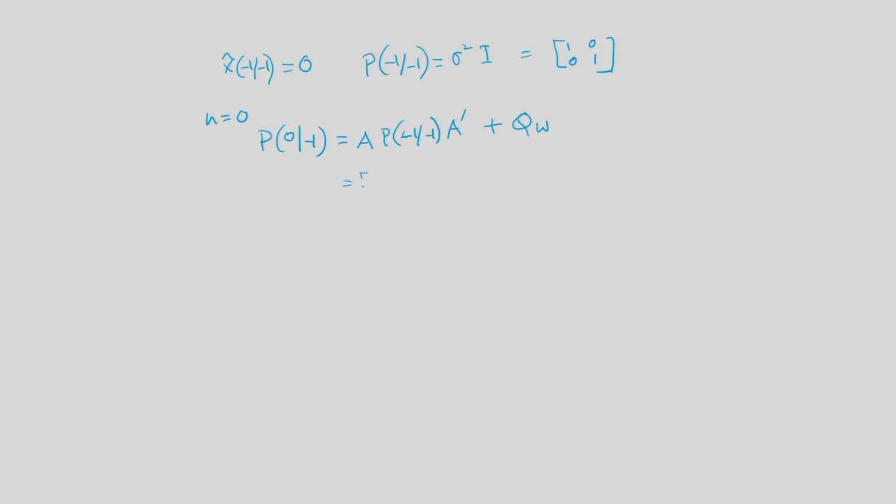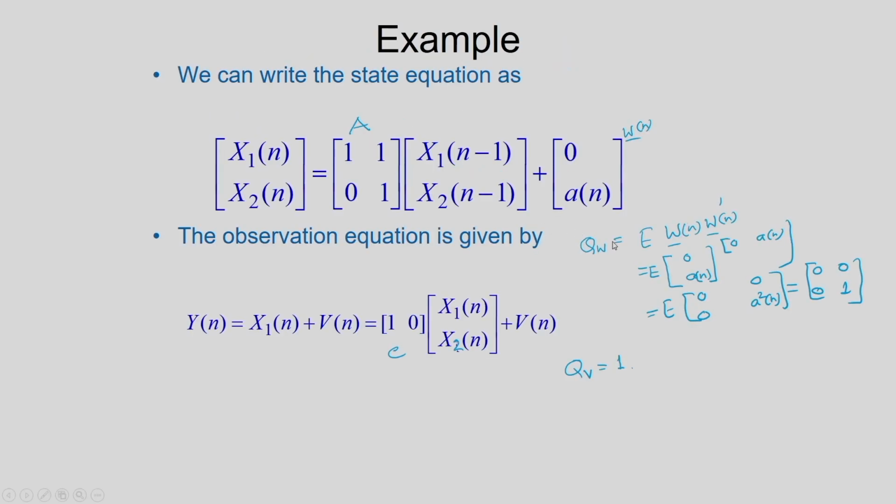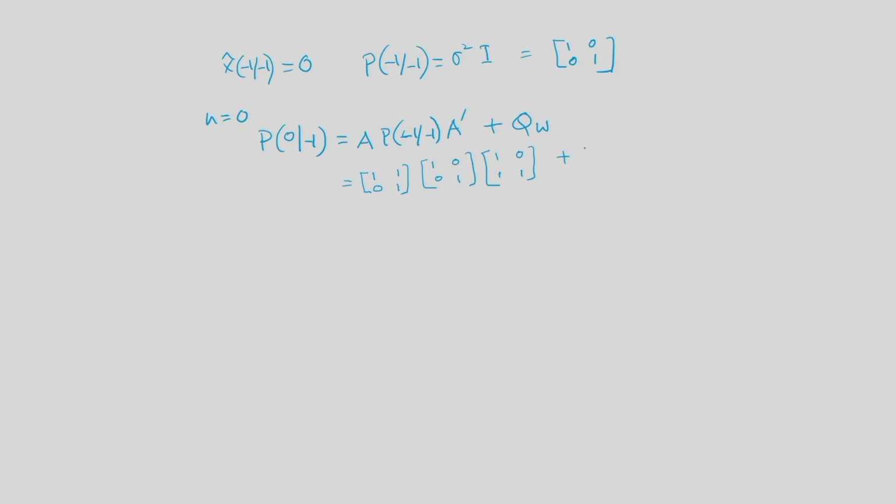This is equal to 1 1 0 1. This is my A, and then this is the identity matrix 1 0 0 1, and this is A transpose, 1 0 1 1, plus Q W. Q W matrix we have found out, it is 0 0 0 1.